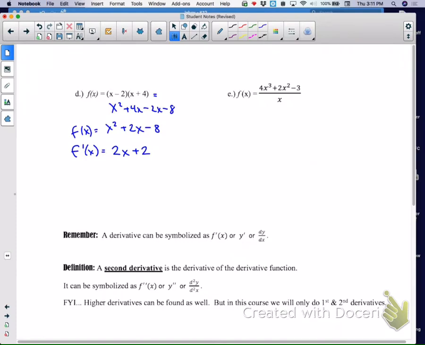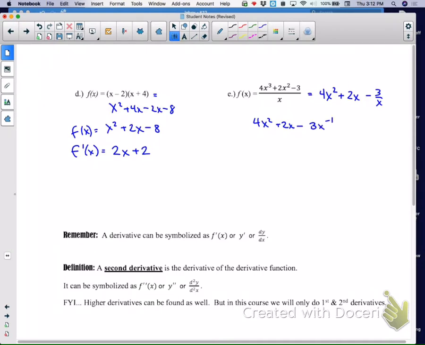Okay. Last one of these, divide everything by x. Now this one's a little bit weird because when I do that, I can't divide 3 by x, but you have to divide everything. So I can't just divide the first two and then not the last one, but I can't do a derivative in a fraction like that. So 4x squared plus 2x minus 3x to the negative 1 power.